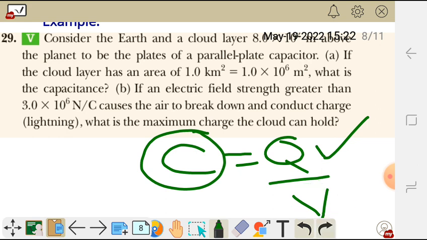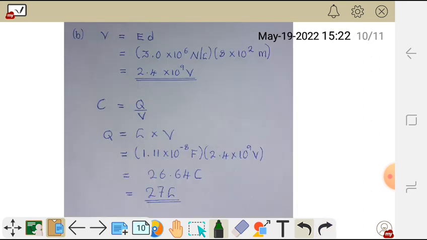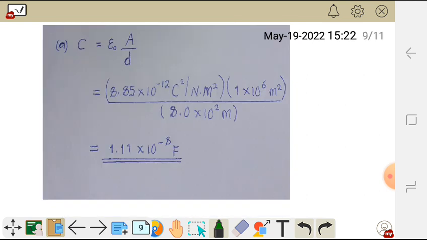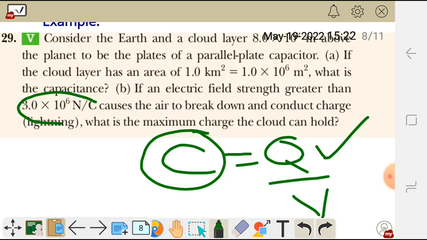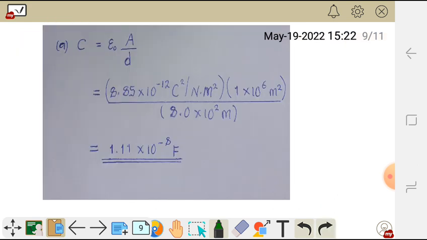So we need to calculate the voltage. So we need to find the potential difference. That's when we are going to replace in this formula to find the charge. So our voltage, we know that the potential difference is equal to electric field multiplied by the distance. So the distance we already know, and the electric field is 3 by 10 to the power 6 newtons per coulomb.